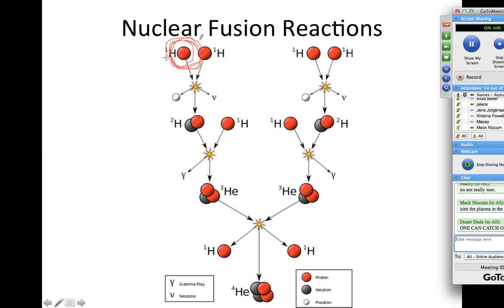If this were gas, the electron for this atom of hydrogen would be here around this proton, and the electron for this other atom of hydrogen would also be flying around its atom.